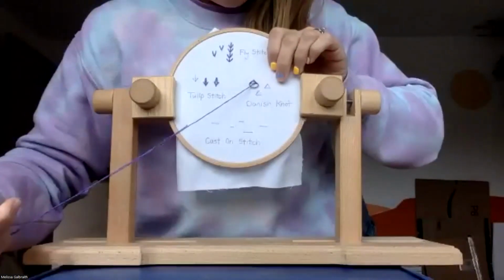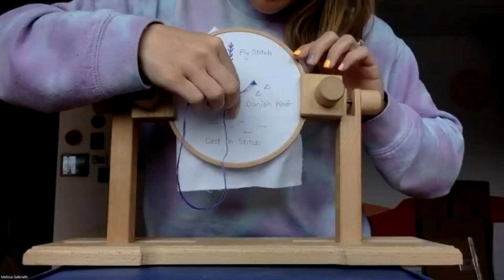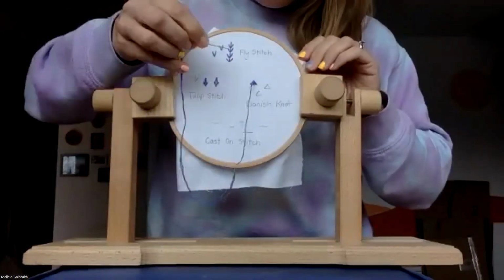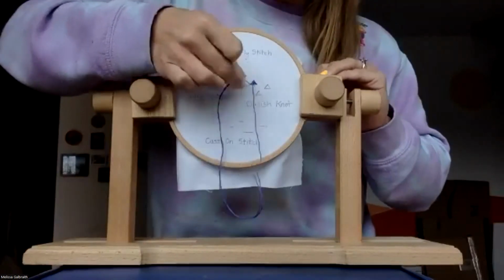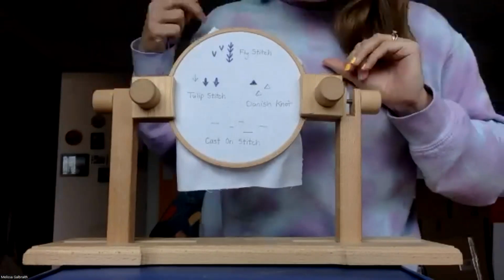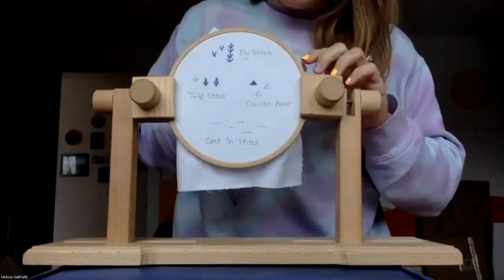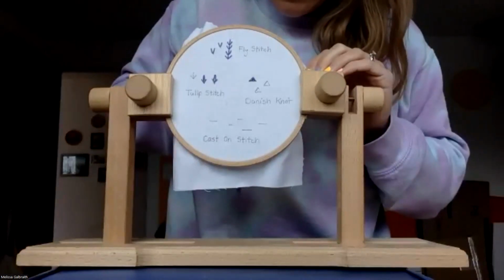So you're almost making a loop with this stitch. We want to tug just enough so everything's nice and flush, and then bring your needle back down in that bottom corner again, like so.